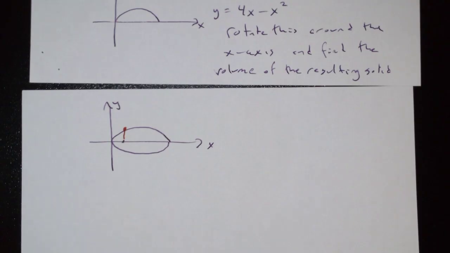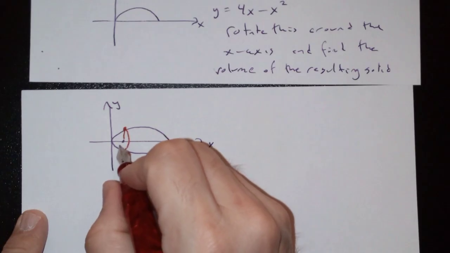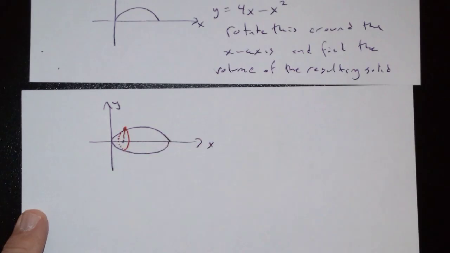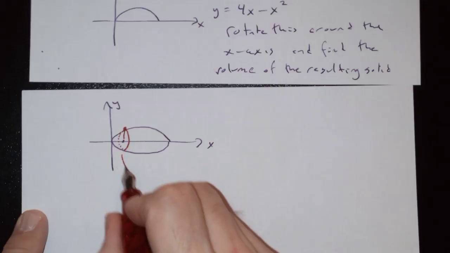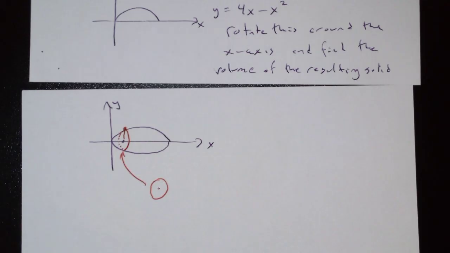Okay. Let's draw that circle. I go around, I hit the curve down here, and I come back up the backside. I am now looking at that circle, end on.